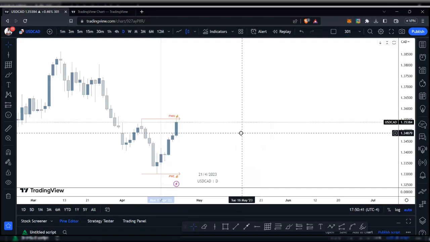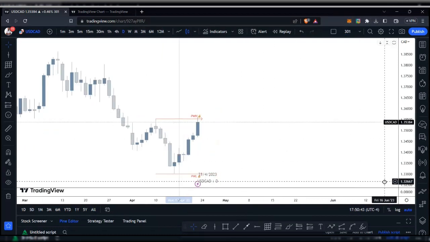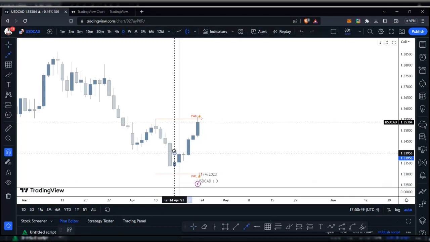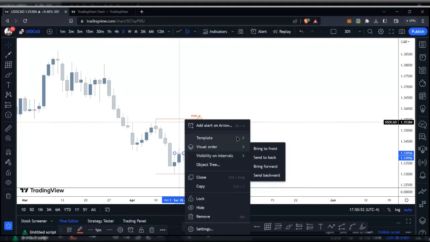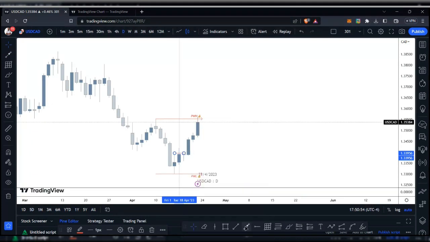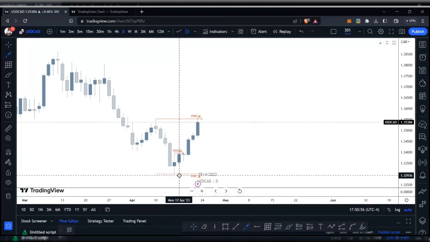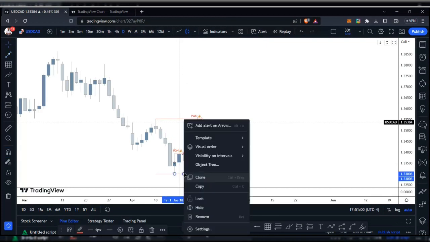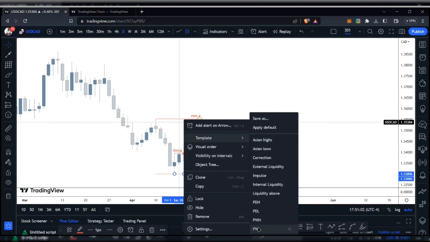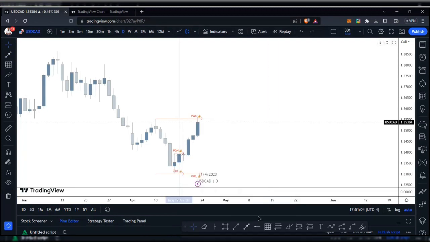All right. So previous daily's high. Previous daily low. Let's say our range.